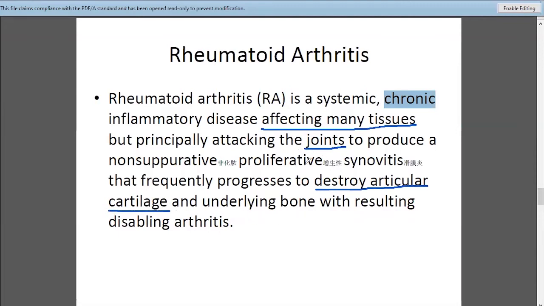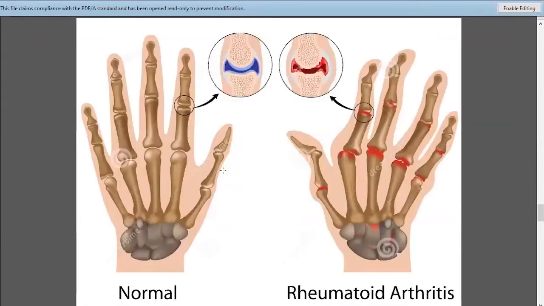So still remember, I think we have pictures. That's our normal joints here, on this side.